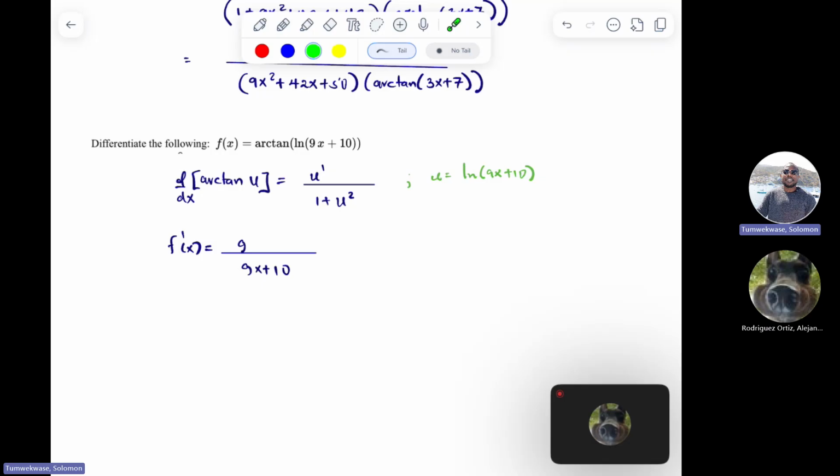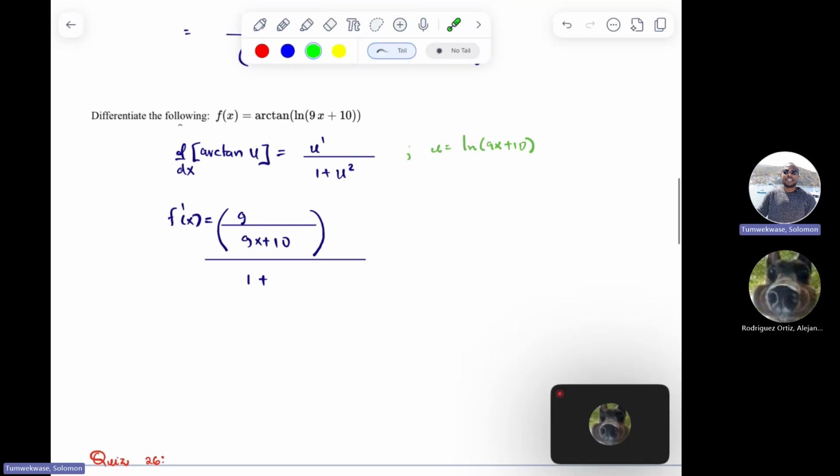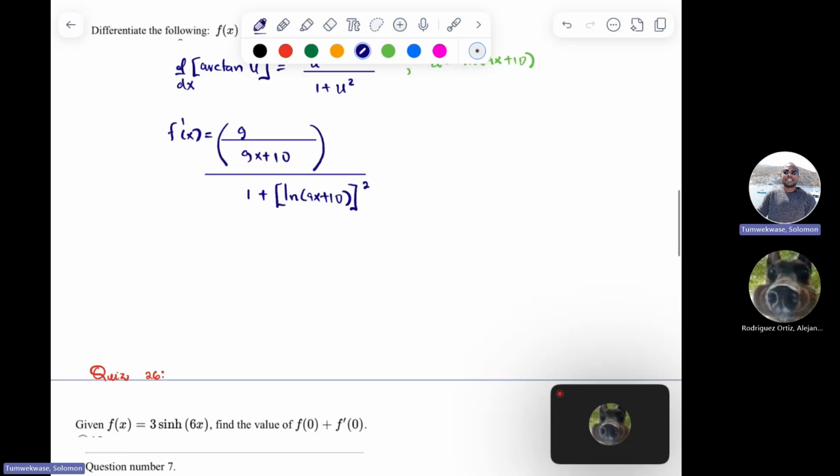That is how we take the derivative of the natural log. Then we divide by 1 plus u squared, but my u is this. So u squared will be natural log of 9x plus 10, and the whole of this is a square.